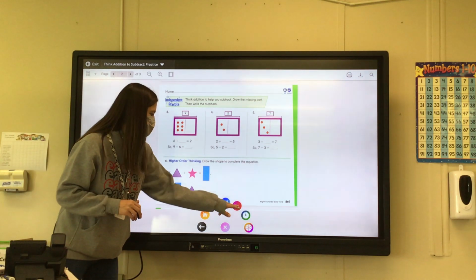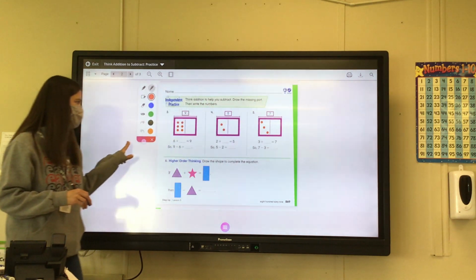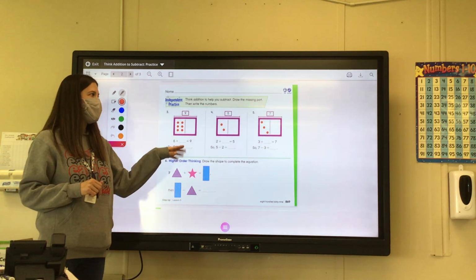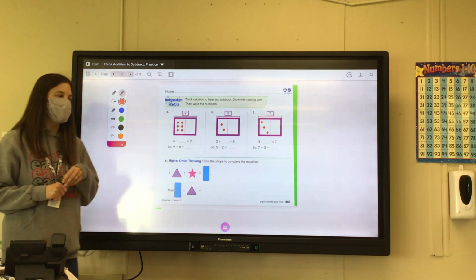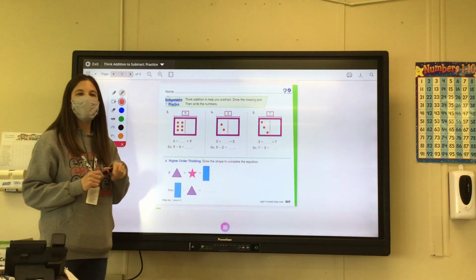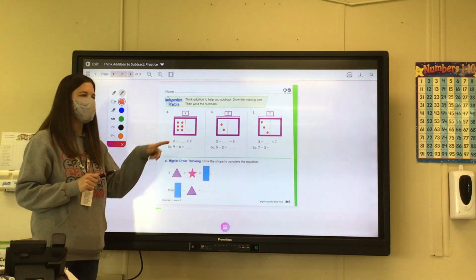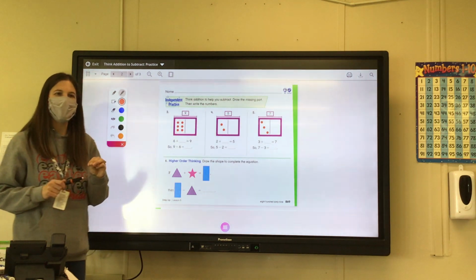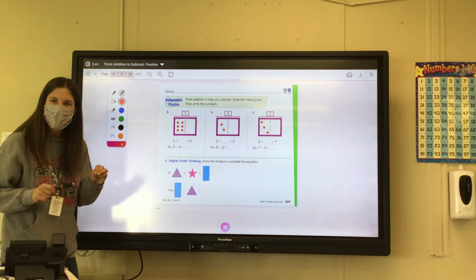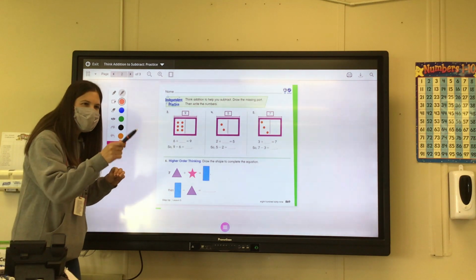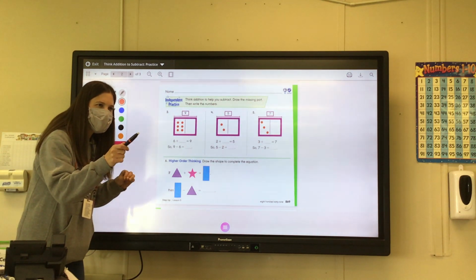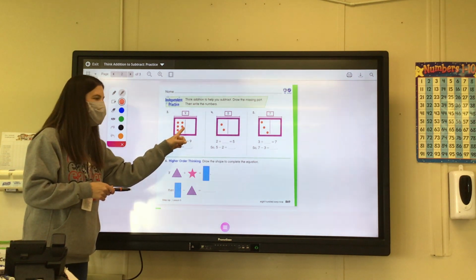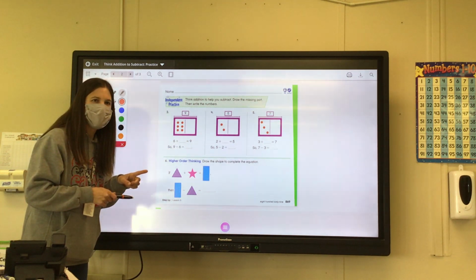Let's do this together. Okay, we're going to think addition to help you subtract, draw the missing parts, and then write the numbers. 6 plus what equals 9? How many more counters can you draw here? 6, 7, 8, 9. So how many more counters are we going to draw? What plus 6 equals 9? Charlotte.